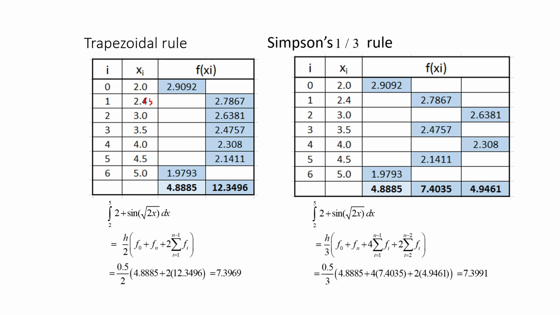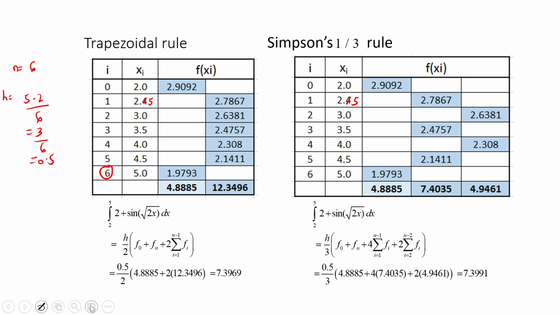This is 2.5. So x from 2, given n equal to 6, h is actually 5 minus 2 divided by 6. 3 divided by 6 is 0.5. So 2, 2.5, 3, 3.5, 4, 4.5, 5.